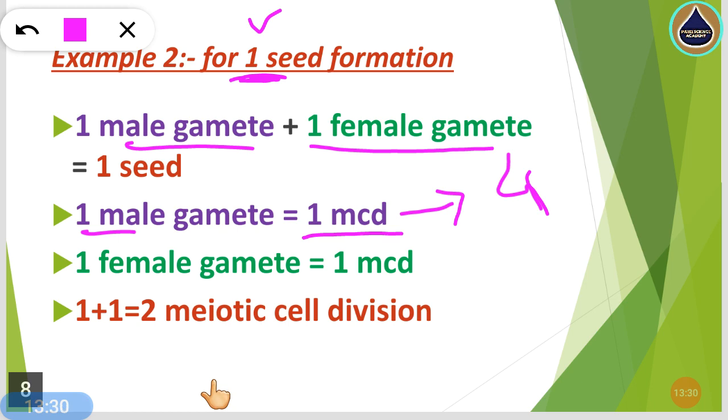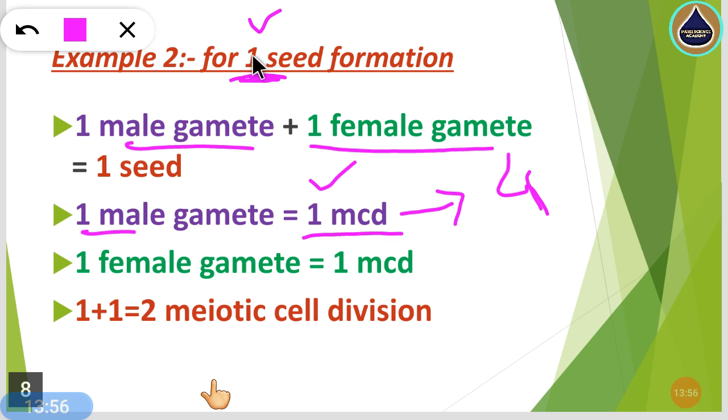For one male gamete also one meiotic cell division is needed. For 2, again one meiotic cell division is needed. For 3, again the number of cell divisions is 1. Up to 4, if 4 male gametes are needed, only one meiotic cell division is required.